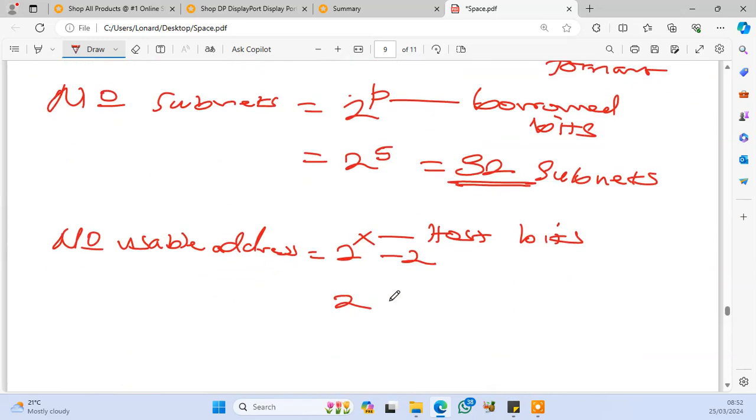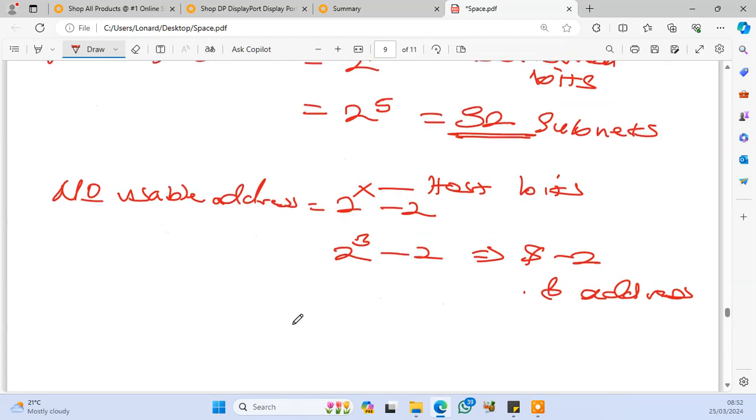So it will be 2 power 3 minus 2. This gives us 8. You subtract 2 and then you remain with 6 usable addresses. So per group we expect 6 usable IP addresses, and this applies in all 32 groups.